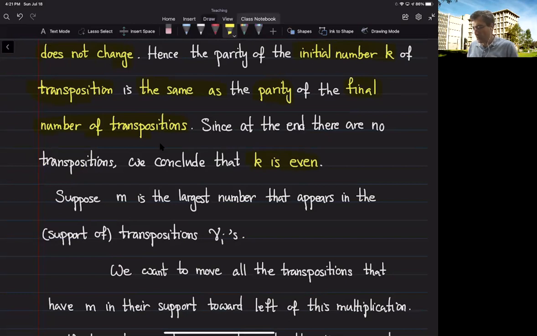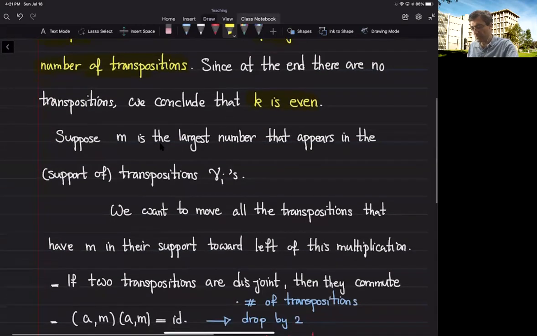So again, we want to move all the transpositions that have m in their support toward the left of this multiplication, but you can do it one transposition at a time. So I am going to start with one single transposition and try to move it towards the left.